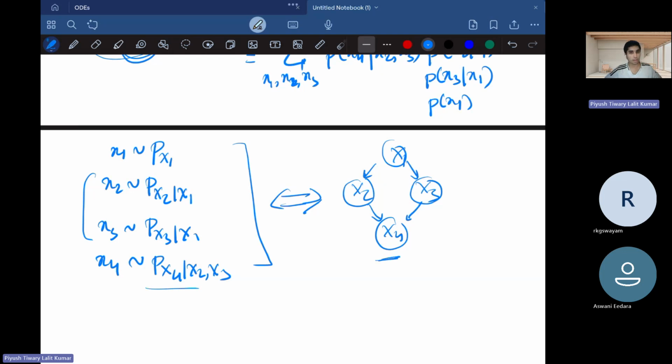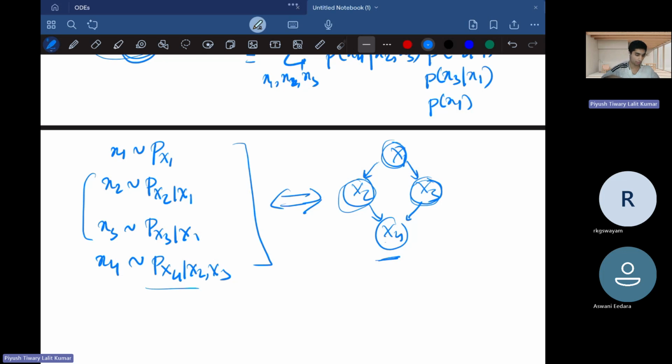However, we are not able to sample x4 directly. So instead we are making use of this graph. To sample x4, first we need to sample x2 and x3. And to sample x2 and x3, we need to first sample x1 and so on and so forth. So this is a generative view of how you can interpret PGMs.